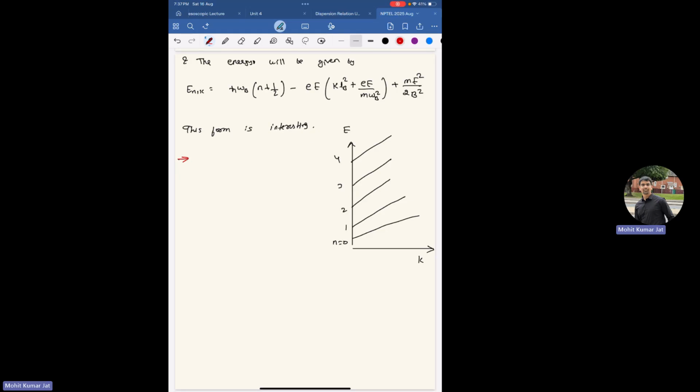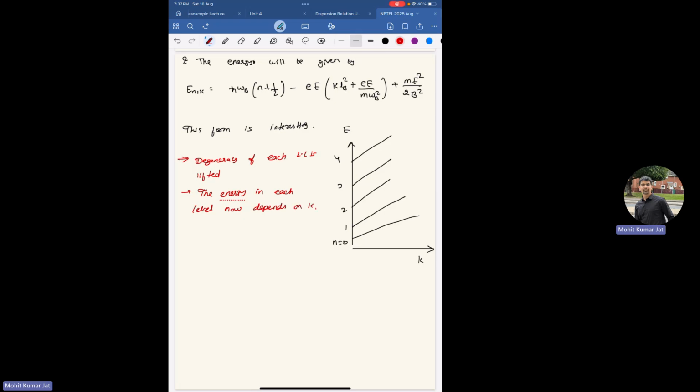So the degeneracy of each Landau level is lifted, right? The energy in each level now depends on k essentially.